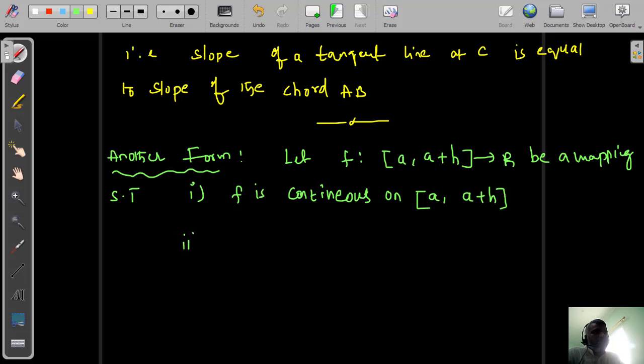Next condition, the function is derivable or differentiable on the open interval (a, a plus h).